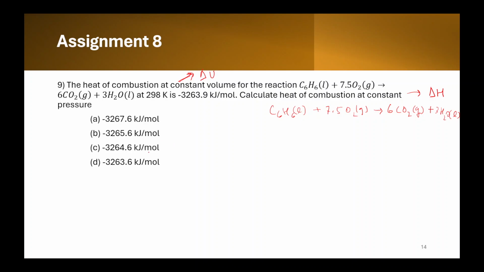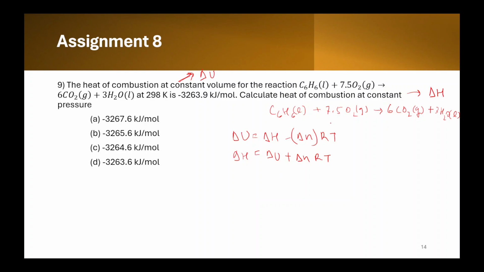So we are given delta U. We need to compute delta H. So delta U is equal to delta H minus delta n RT. So delta H will be delta U plus delta n RT.